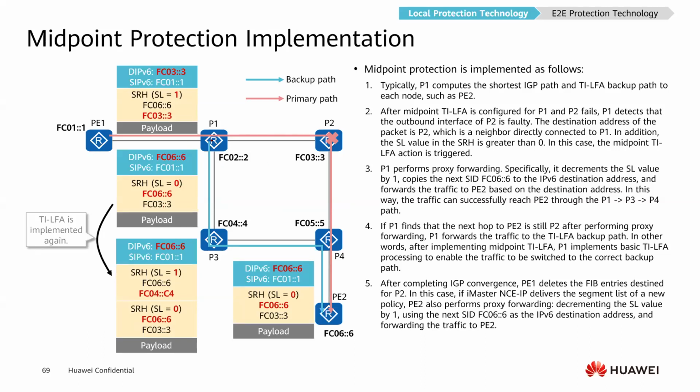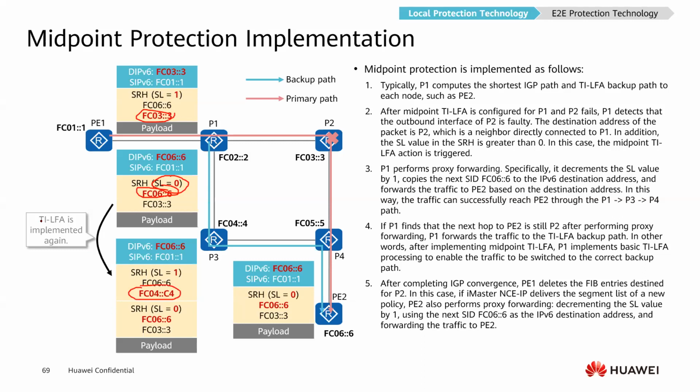So basically, we can say P1 knows that 03 has a problem, so it will become 04::06::6. And here, sometimes the devices will do additional behavior: if the SL becomes 0, they will put an outside channel.